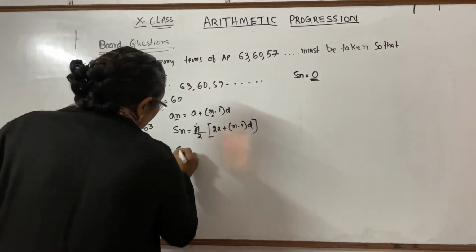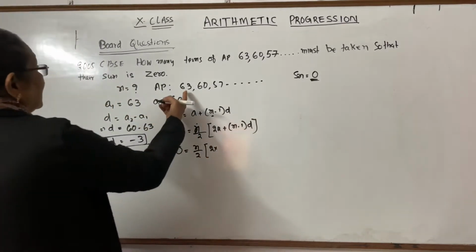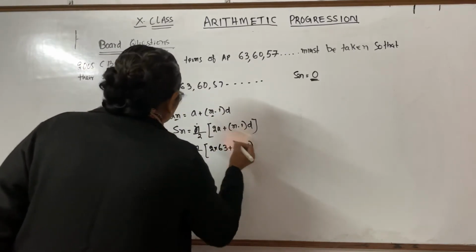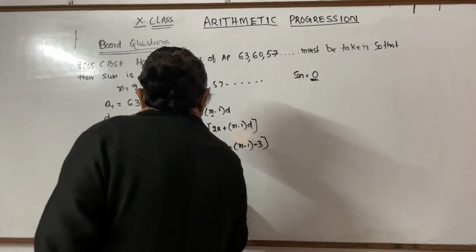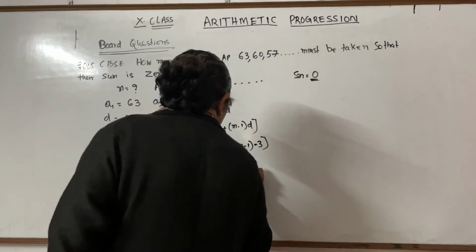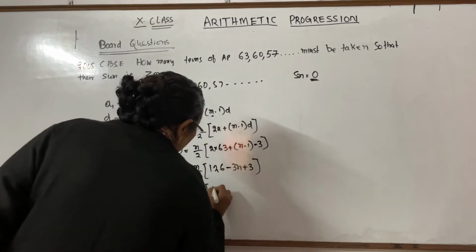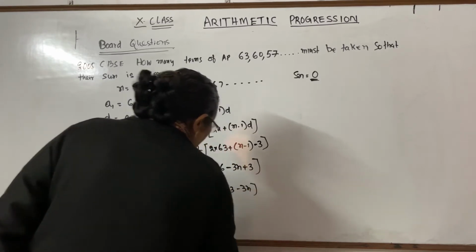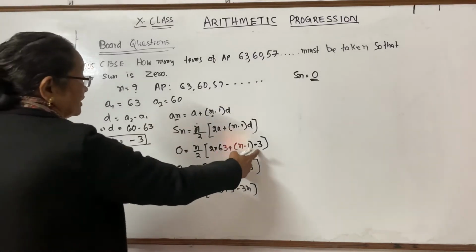So put Sn as 0. Then 0 equals n upon 2 into (2a plus (n minus 1) D), where a is 63 and D is minus 3.